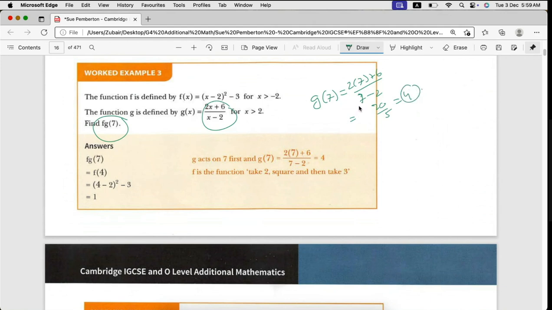So basically we are substituting 4 in f of x, because g of 7 is equal to 4. So we substitute 4 now, and 4 goes here as 4 minus 2 is 2. 2 squared is 4 again. 4 minus 3 is 1. So for this composite function, when x is 7, fg(7) is 1.